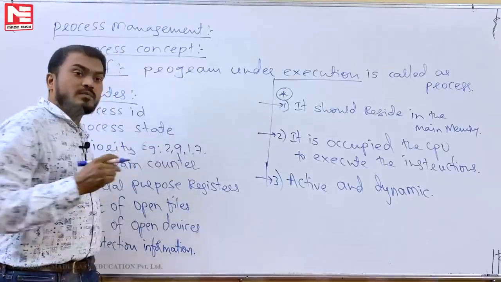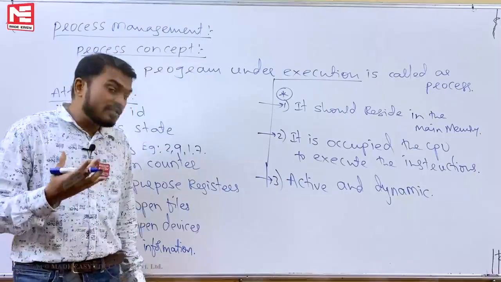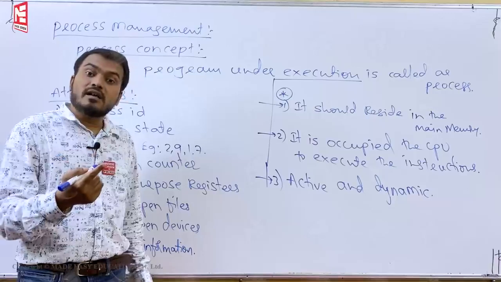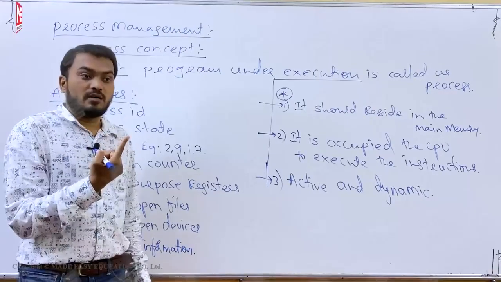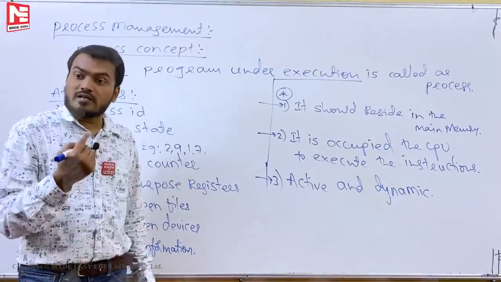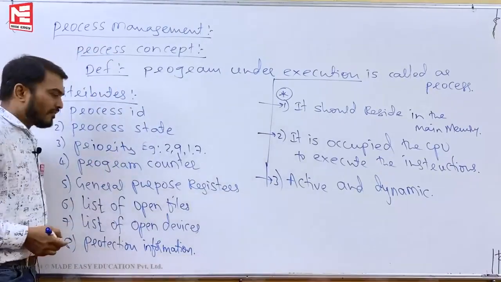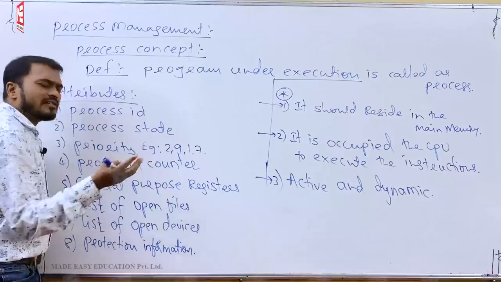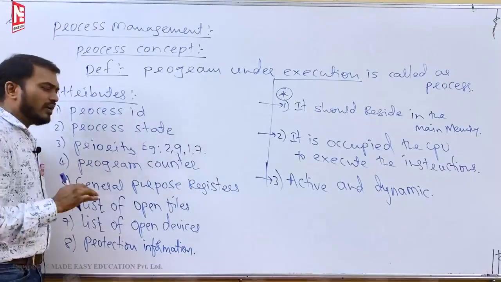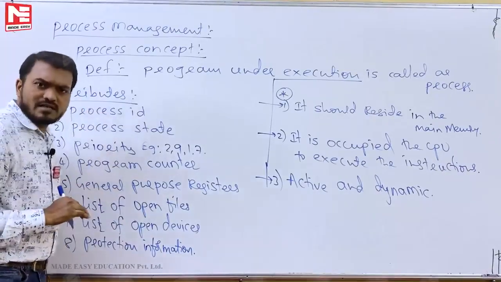What is the purpose of this priority and how it will be used, you will understand when we discuss CPU scheduling. As of now, just remember priority is just like a number that will be assigned.